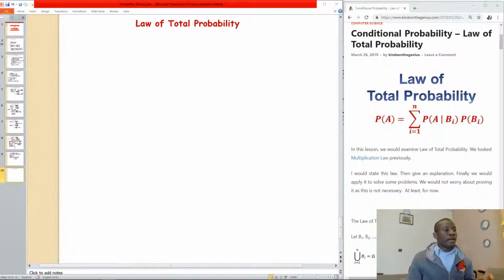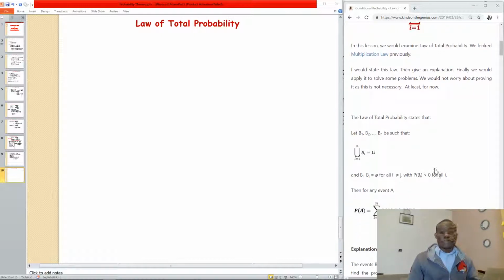Alright, so I'm going to state this law, then we explain it. It says, let B1, B2, all the way to Bn be such that the union of B1 to Bn is equal to the sample space, the collection of all the events available to us.